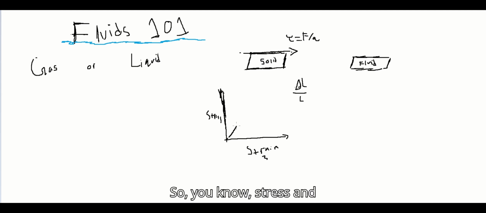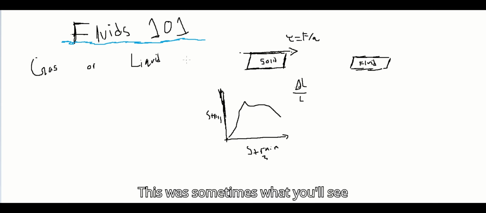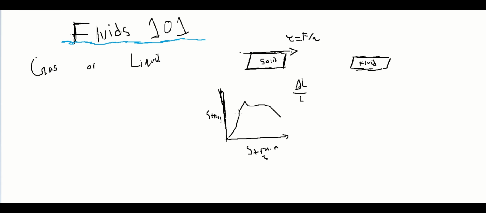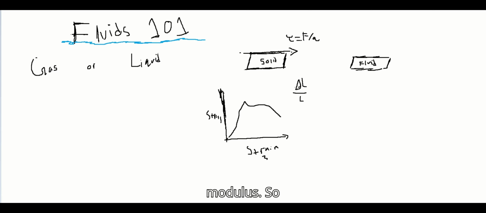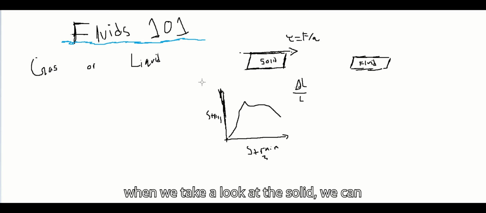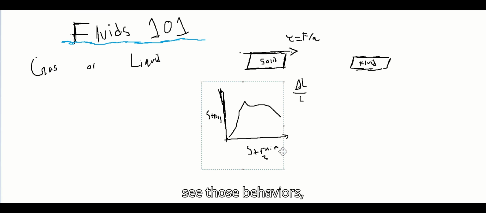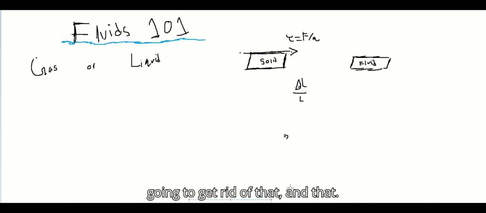So stress, and something will look like that, and this is what you'll see for some materials. You'll have the stress strain curve, and stress over strain, that's Young's modulus. So when we take a look at the solid, we can see those behaviors, that it deforms to an extent.